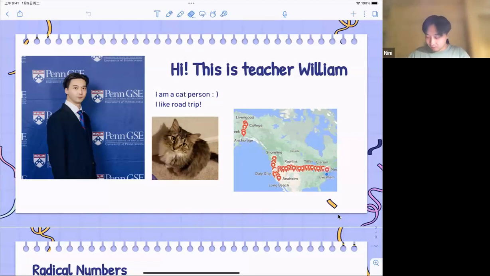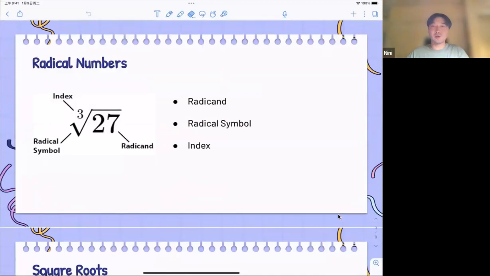Let's start our class today. Our topic today is radical numbers. There are three major components of radical numbers. The first one is the largest one, which you can notice at first glance, which is the radicand. The number here is 27, for example.